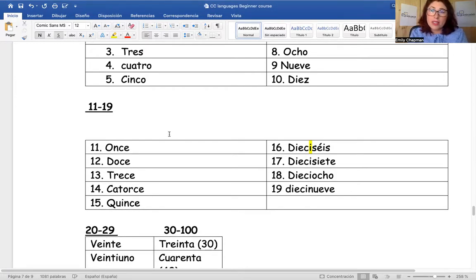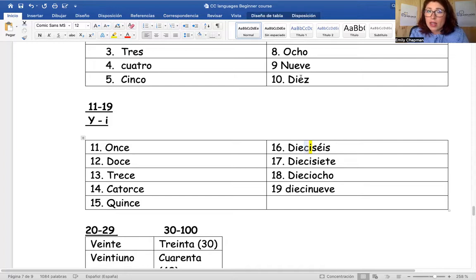With the numbers, there's a slight change, and the E is spelt with an I, but it means the exact same thing. So really this is 10 and 6, 10 and 7, 10 and 8, 10 and 9. There's been a slight change of the spelling.